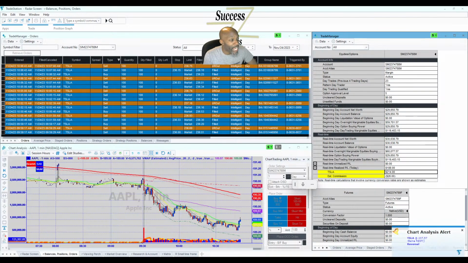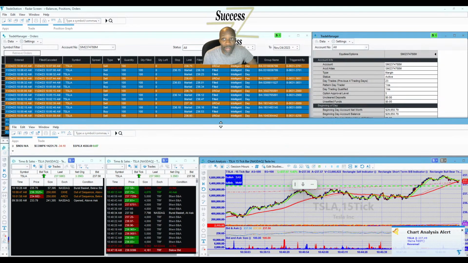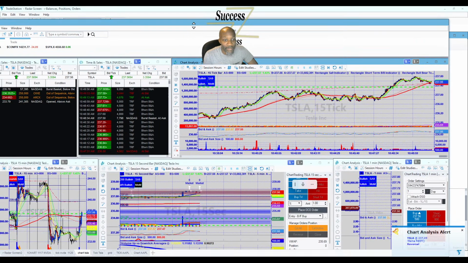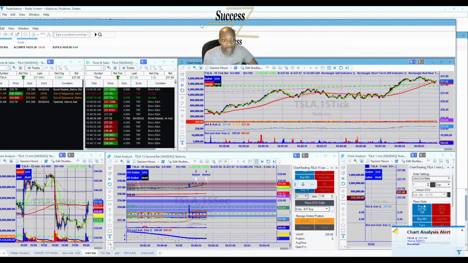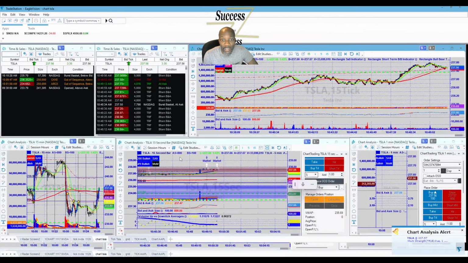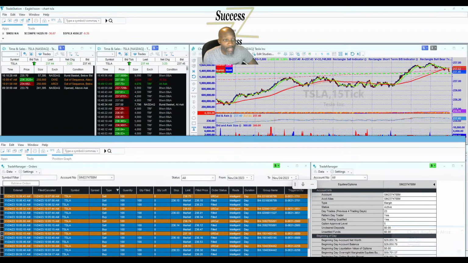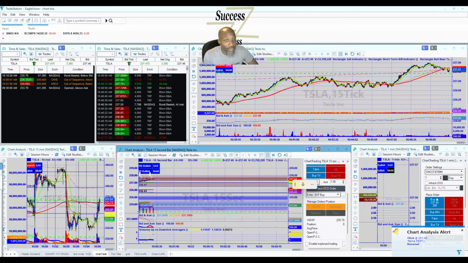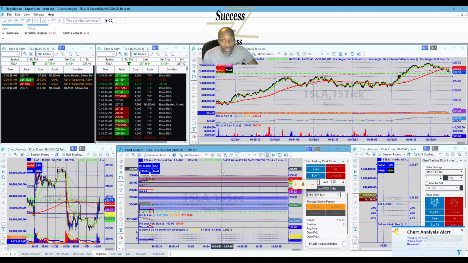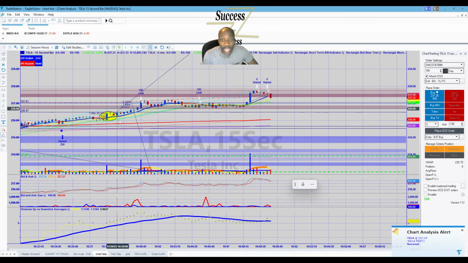Now, if I had not been playing around with that other strategy earlier in the day, the first part of the day, trying the new strategy that I was looking at last night, then I might have finished out with some high numbers.